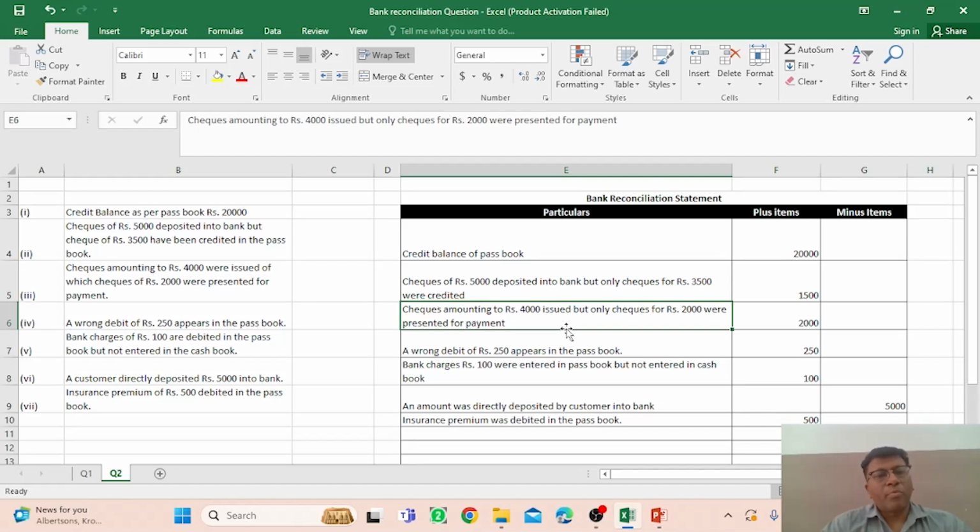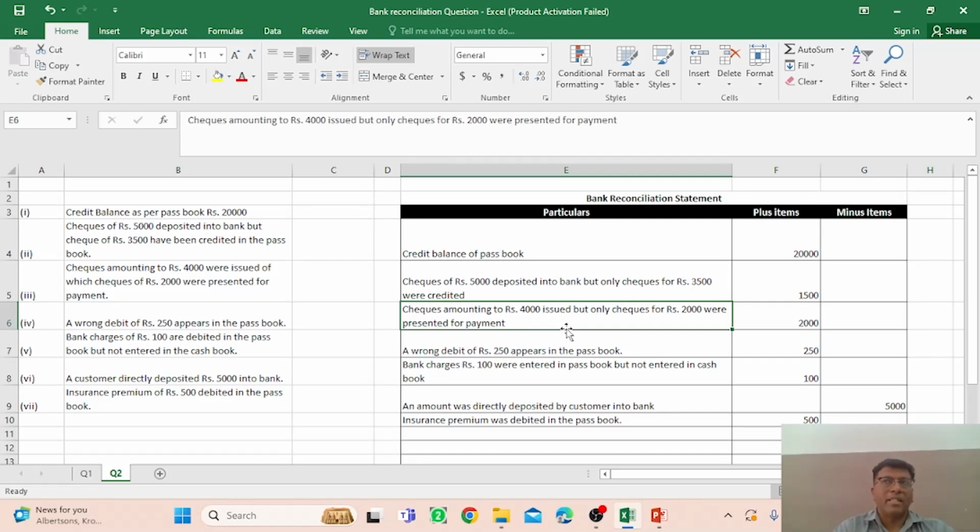And checks amounting to rupees 4,000 were issued. It means the cash book balance is reduced by 4,000, but only 2,000 of the checks were presented for payment. Exactly what happened: 4,000 checks were issued. From the perspective of the cash book, you reduce the cash book balance by rupees 4,000, but only 2,000 were presented.